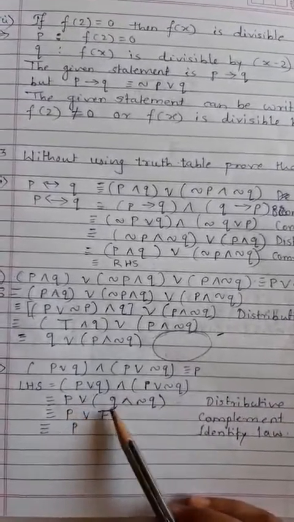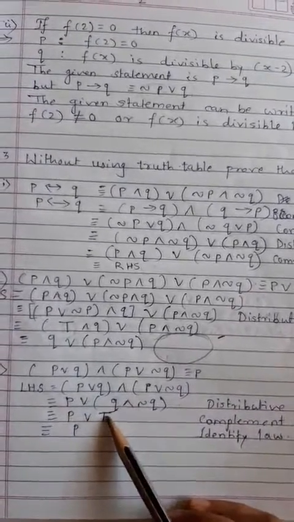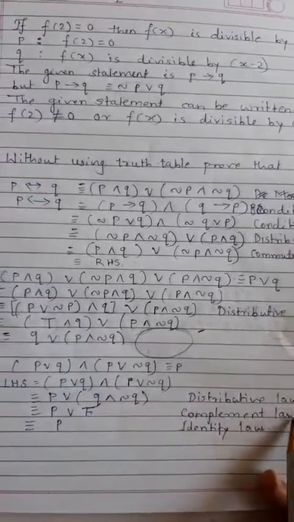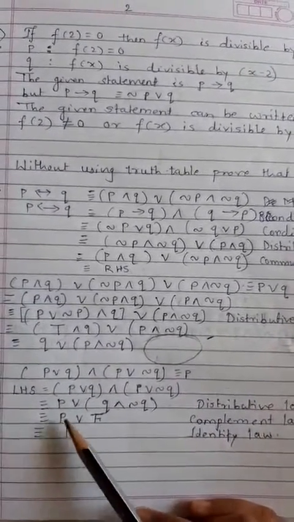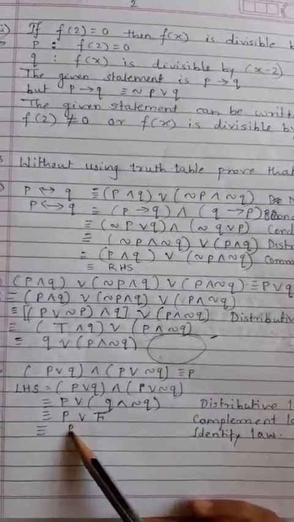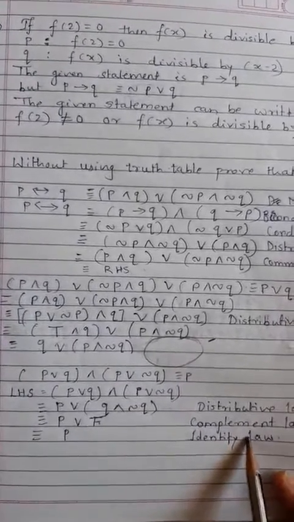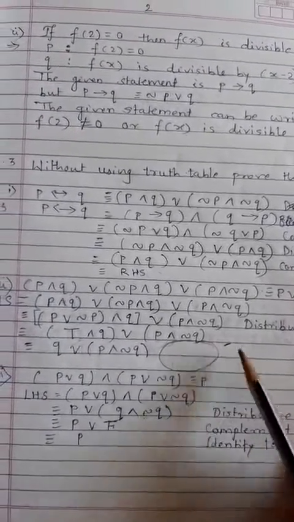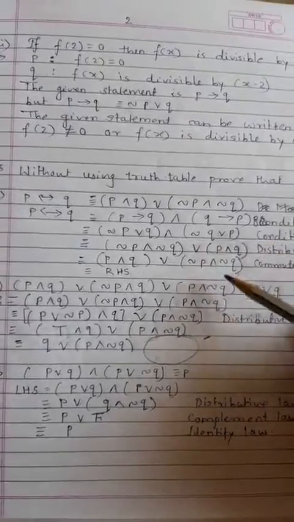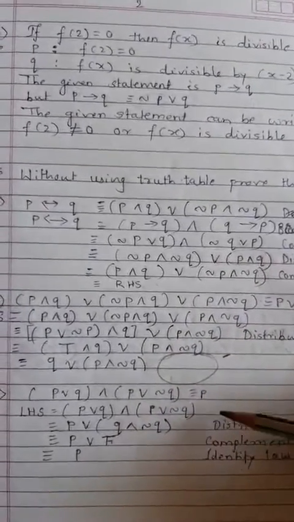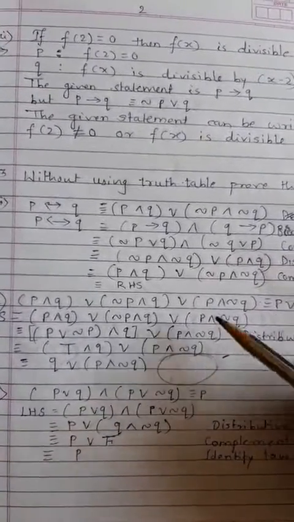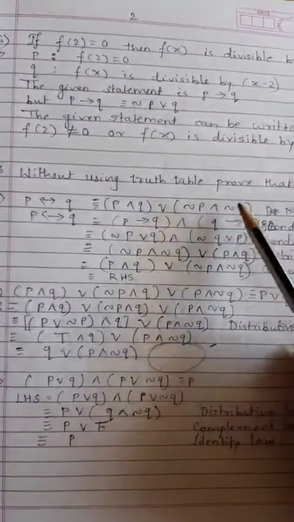So P or Q and negation Q is F. This is complement law. So this P or F is P by identity law. Okay. So here we have used different types of laws. In this manner you have to solve without using truth table.